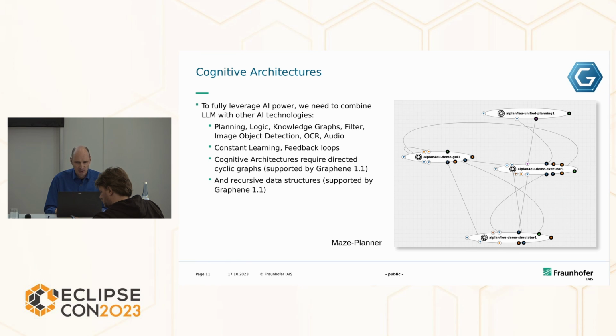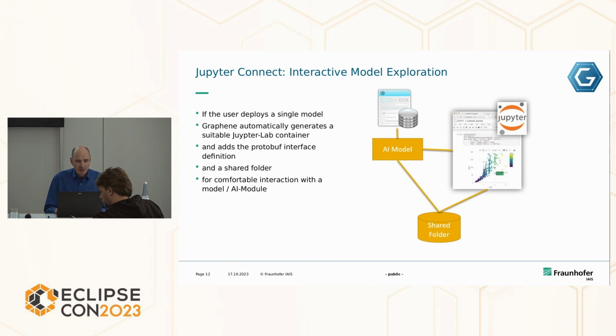Then we have new Jupyter Connect for interactive model exploration. So if the user chooses to deploy a single model, not a pipeline, but a single model, then the system automatically generates a suitable JupyterLab container, which contains already the stubs and skeletons for the gRPC communication.